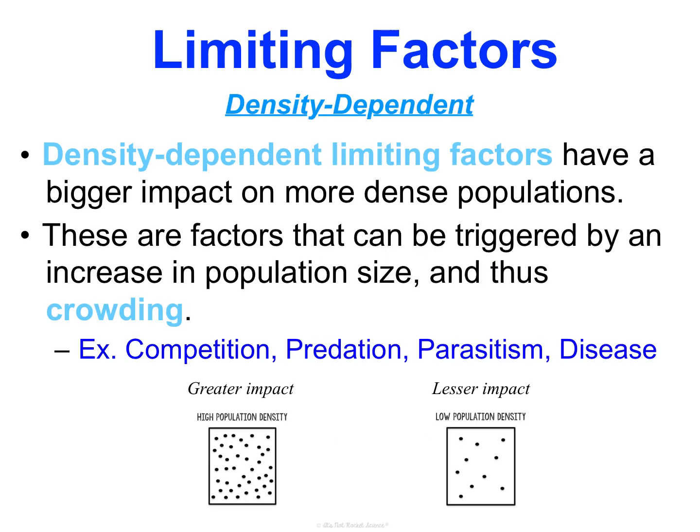So the outcome of these limiting factors really depends on population size. Things that are density dependent have a larger impact on more dense populations because these are factors that are triggered by an increase in population size, like crowding and food consumption. Other things are like competition, or if things are being preyed upon, or if there's disease or parasites.